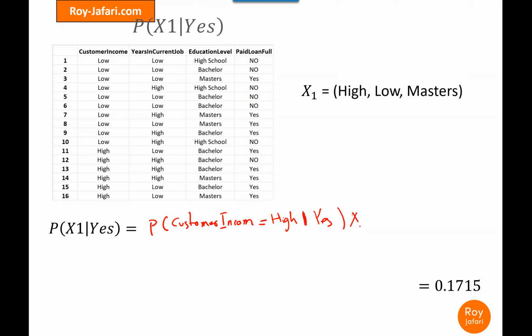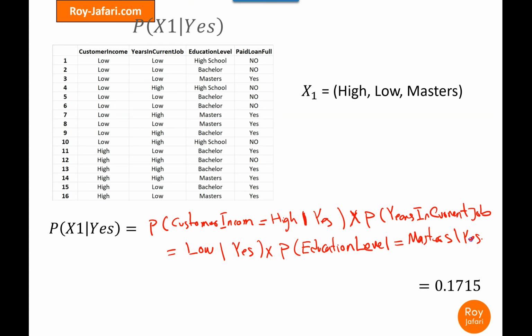Remember, we assume that these attributes are independent, and because of that we can multiply them. And then we've got probability of years in current job given yes, and multiply probability of education level, right?